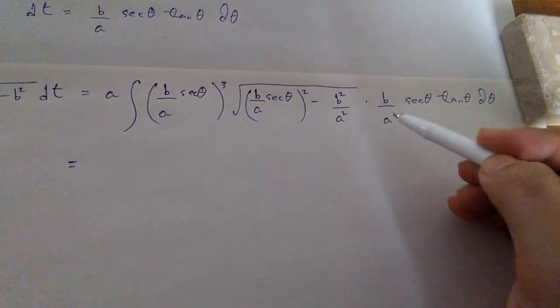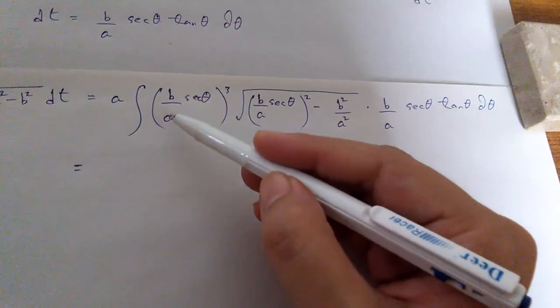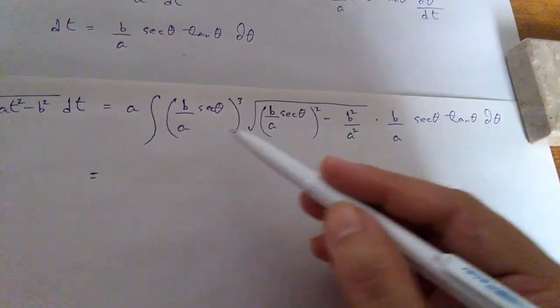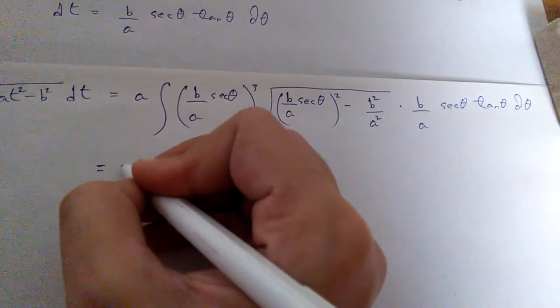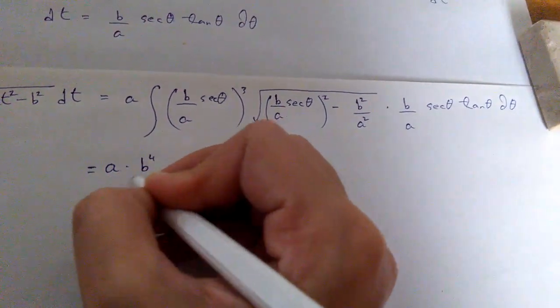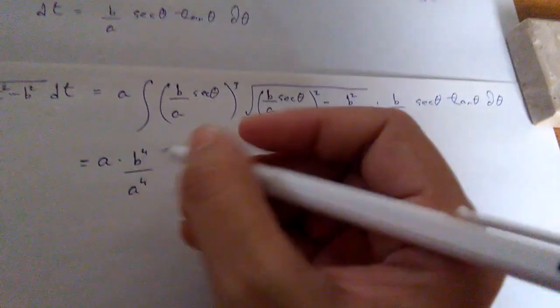Now this b upon a and this b cube upon a cube give me b power 4 upon a power 4, and this is something I'm going to write before my integral sign. It's going to be b power 4 upon a power 4 outside.